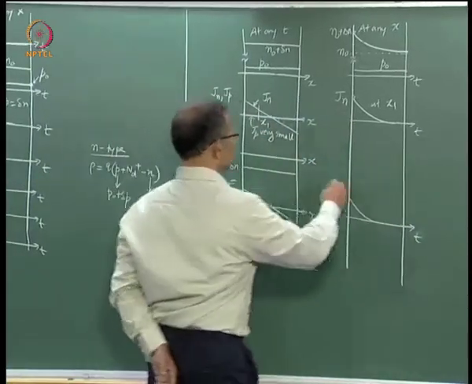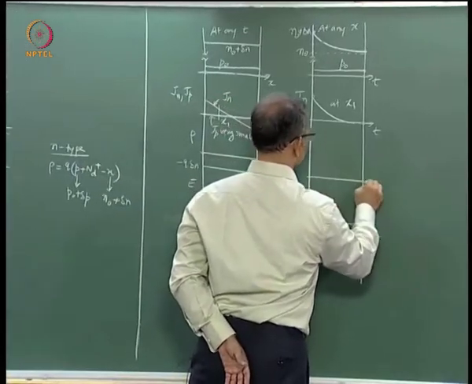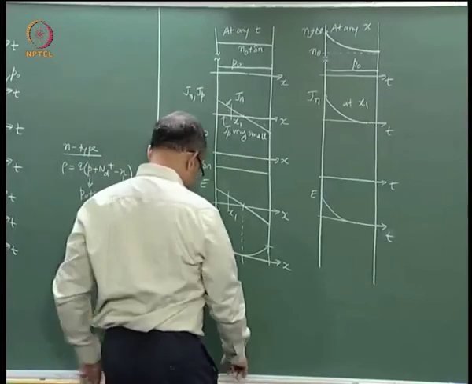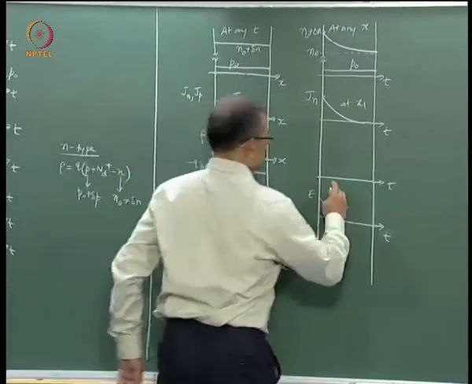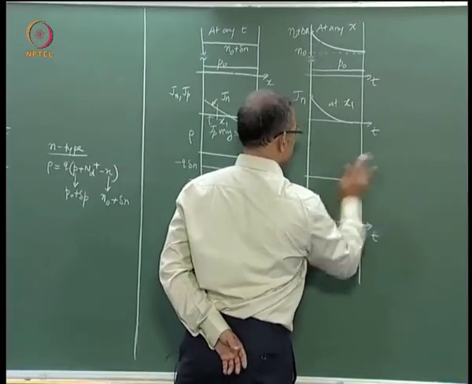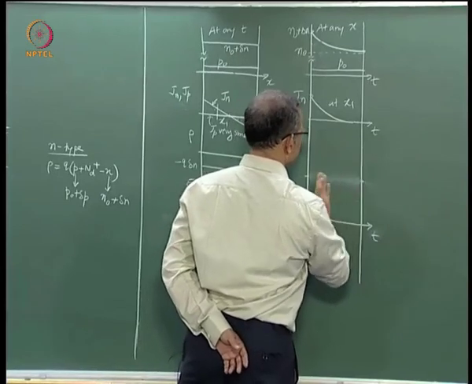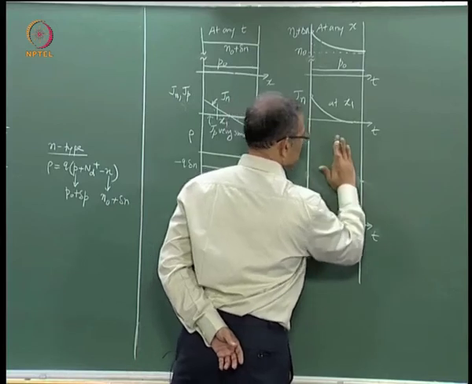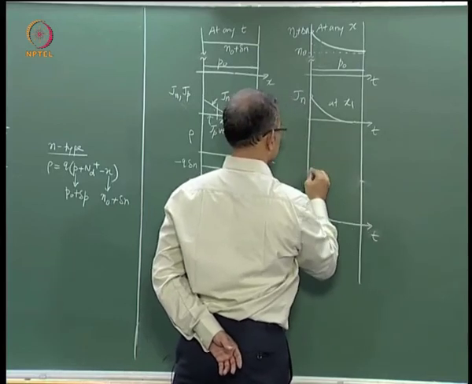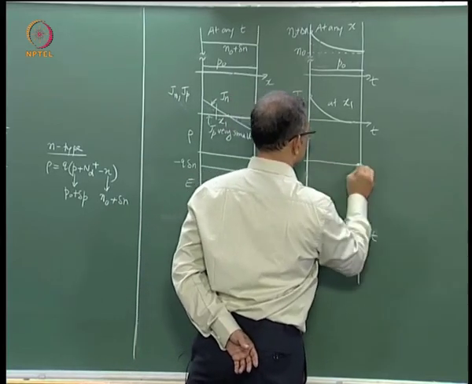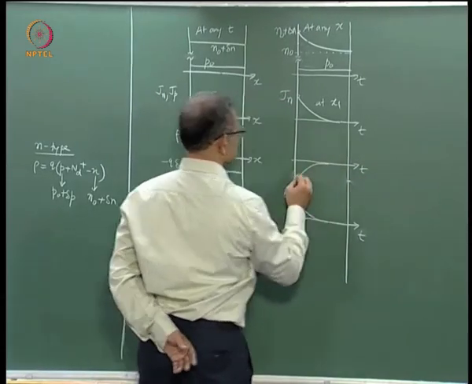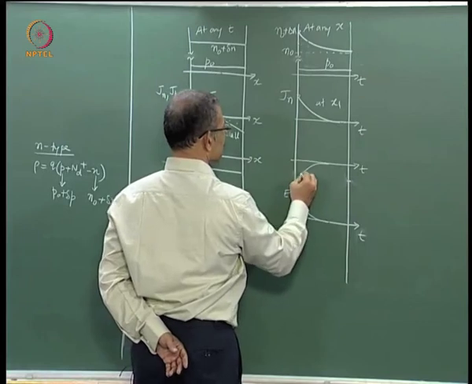Space charge, which is actually of our interest. Space charge, however, is negative everywhere. So let us move this line up. And space charge would decay like this, should be on the negative side.